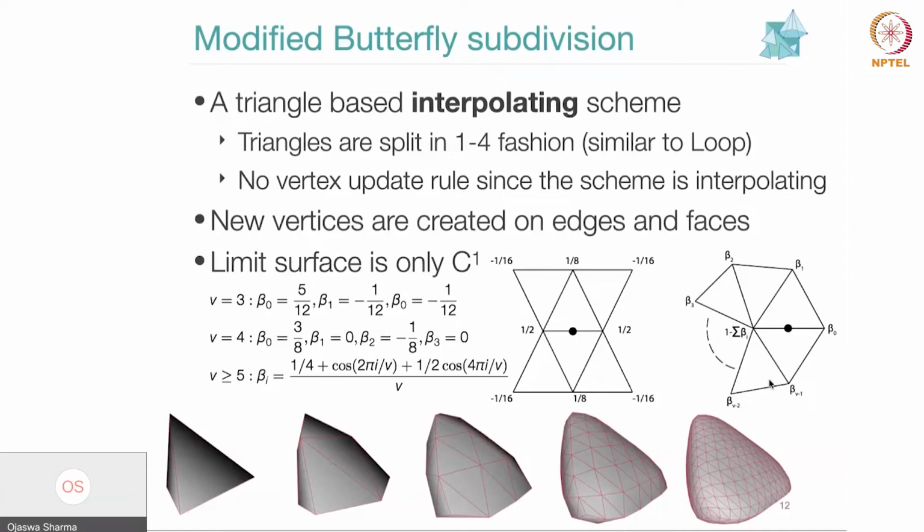And these are the expressions for calculating. So the difference between approximating and interpolating is that in an interpolating subdivision scheme, there is no update of older vertices, only the newer vertices are created. Okay, so that's the modified butterfly scheme.